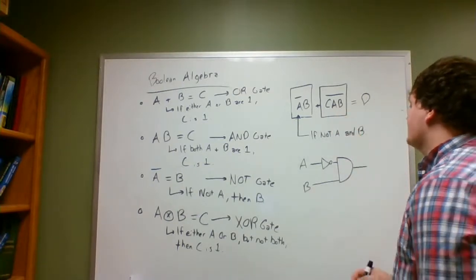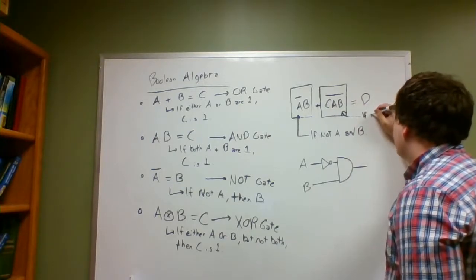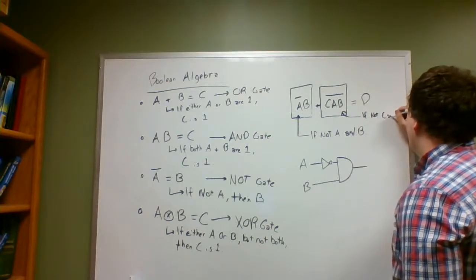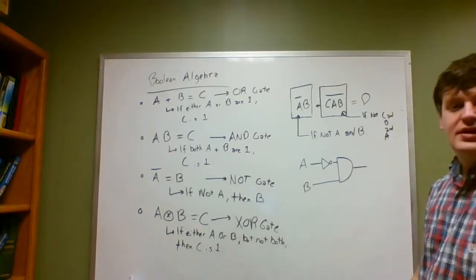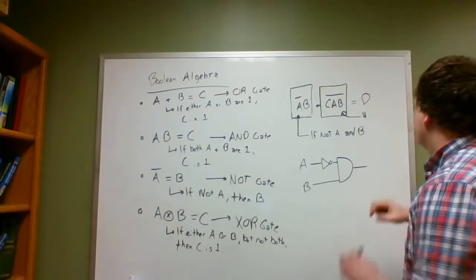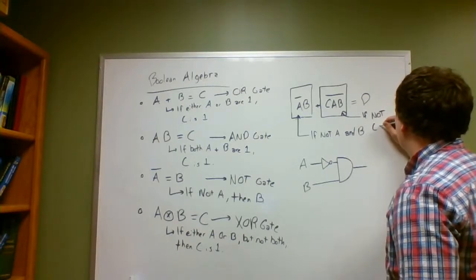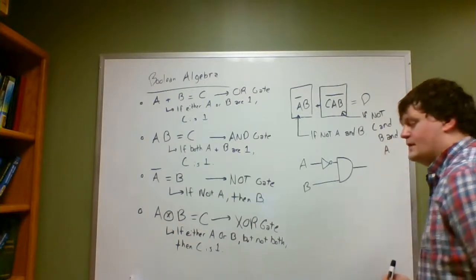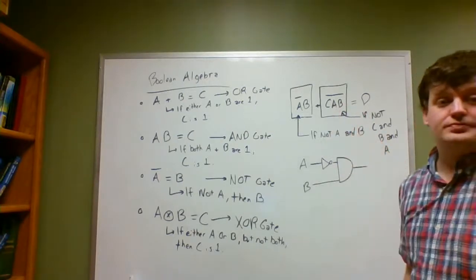Well, what about this one? If we were to write this one out, it's if not C and B and A. If not all 3 of them, then it's true.